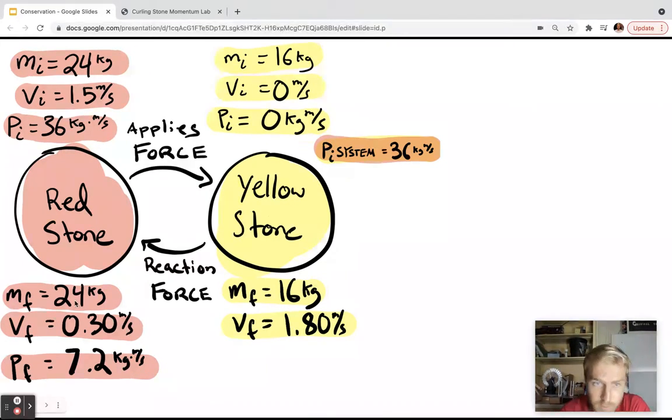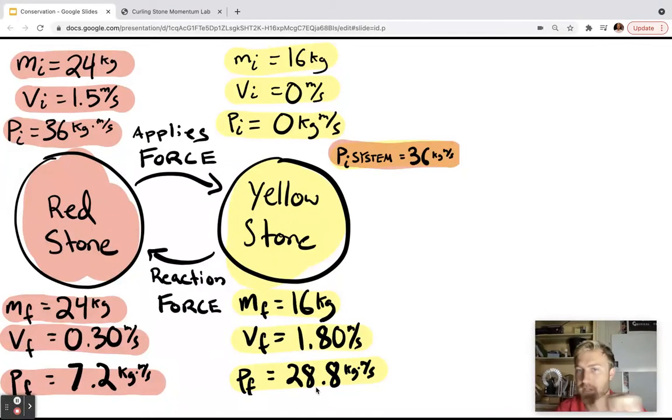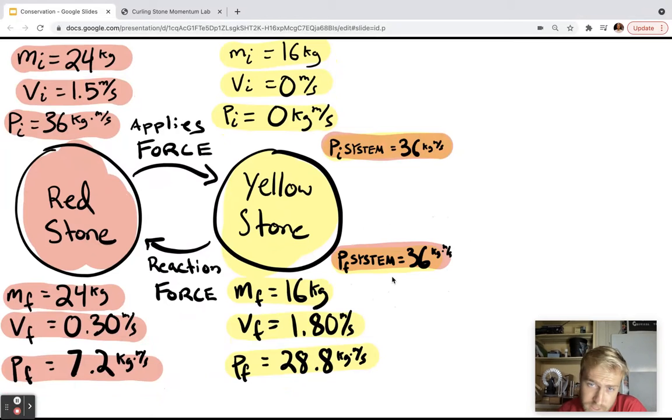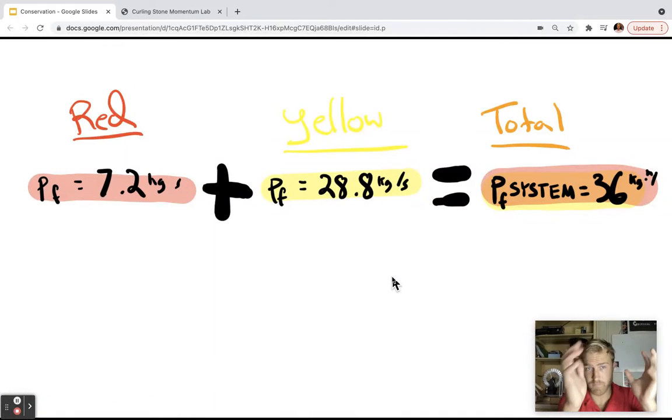And we're going to calculate the momentum again. I'm going to use my calculator to multiply those numbers together. Same thing for the yellow. And then we're going to add the red final momentum plus the yellow final momentum to find the total final momentum of the system. And we get 36, that same number that we got before.